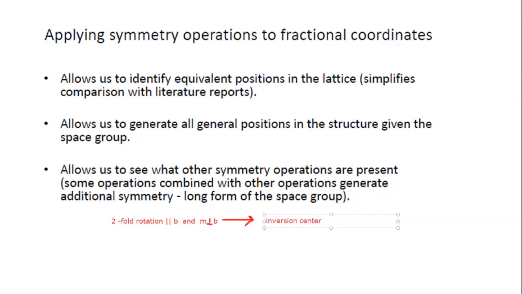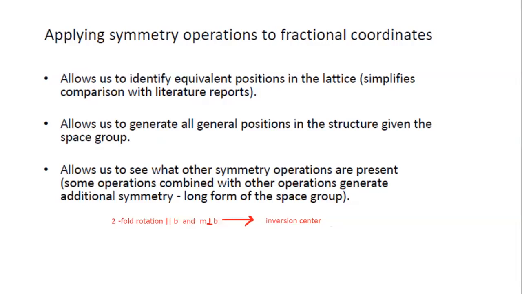So if you take a set of coordinates, perform a twofold rotation parallel to B, and then on that same set of coordinates do a mirror plane perpendicular to B, you'll generate what's called an inversion center. That means there's a point in space where you go from the positive coordinates to the negative.